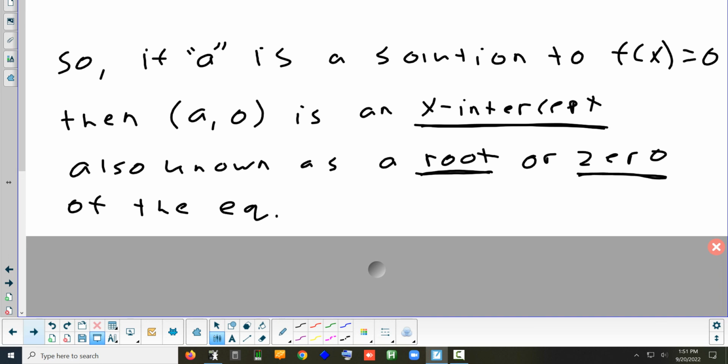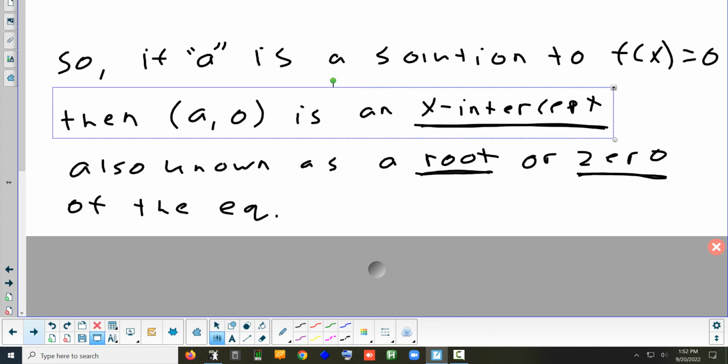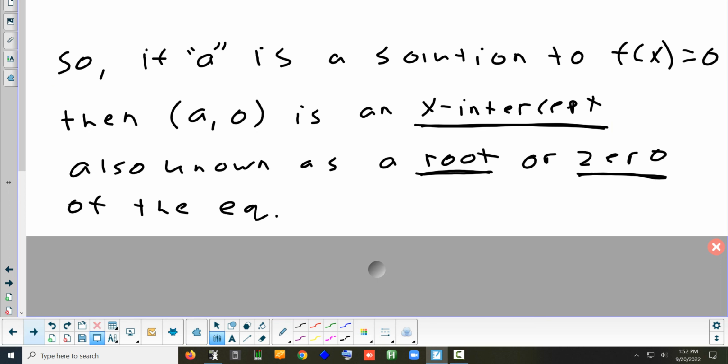They're also called the zeros. It's all the same name. Same thing. So a number that you can plug in and get 0 as the answer gives you what is called an x-intercept if you write it as a coordinate. If you write it as just the number, it's called a root or a zero.